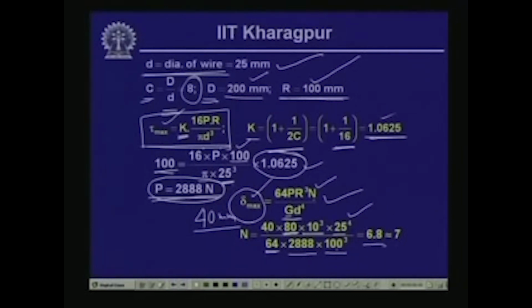This gives us a value of 6.8. So, if you round it off, the number of turns you need is 7.